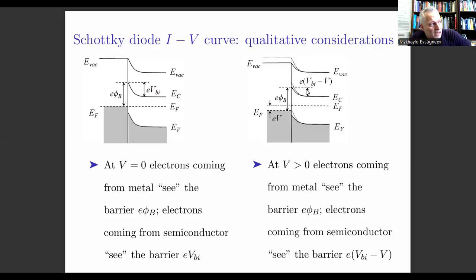Whereas the energy barrier needed for electrons in the semiconductor to make it into the metal gets reduced by the amount eV. So this means that more electrons will be able to enter the metal from the semiconductor side, whereas the number of electrons able to overcome the Schottky barrier and enter the semiconductor from the metal side will remain unchanged.